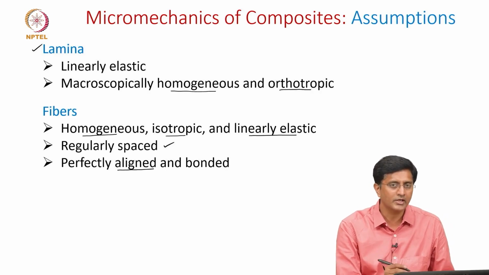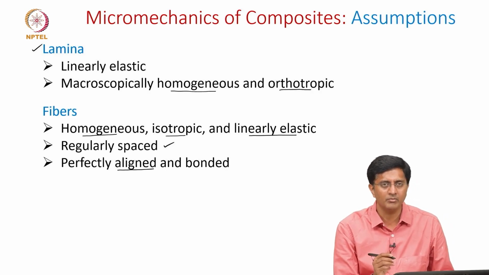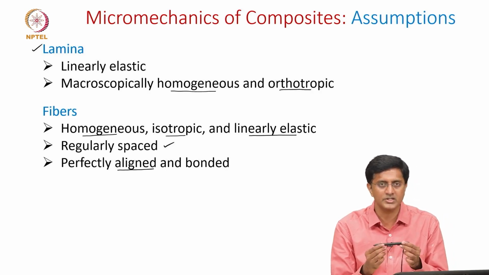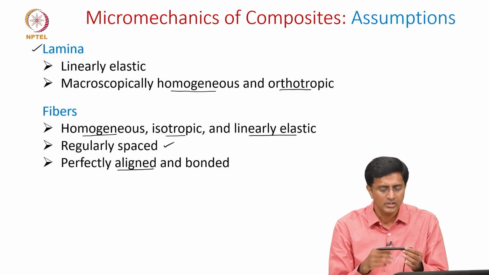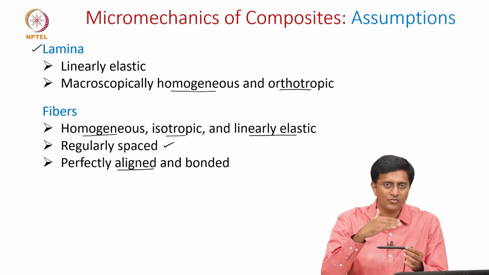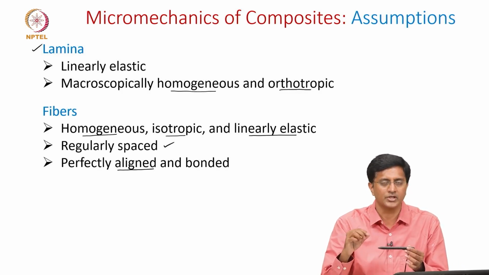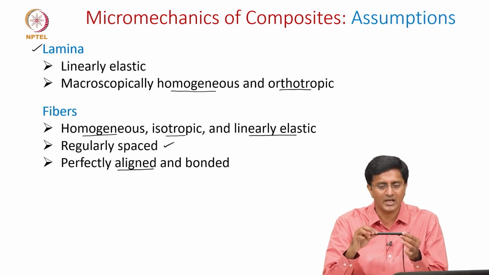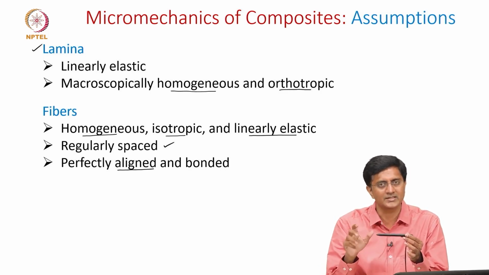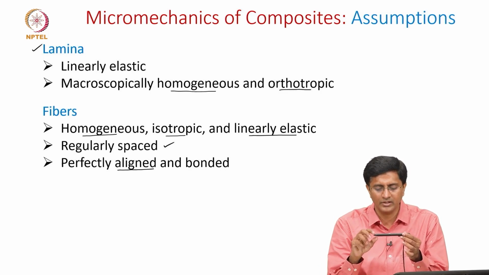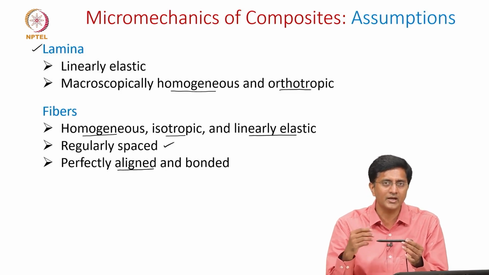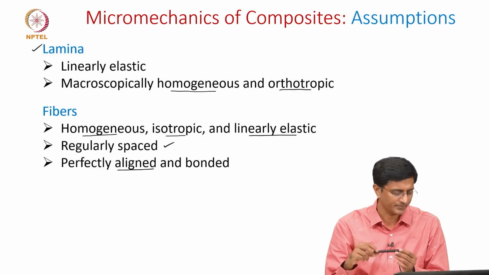If we are looking at a unidirectional lamina, meaning all the fibers are in the same direction, we consider that all fibers are, let's say, at 0 degrees, meaning they are perfectly aligned along the x-axis, for example. And then we don't account for any small distribution, because in reality it's not like all fibers are in the same direction. There are small variations, maybe a few degrees here and there.